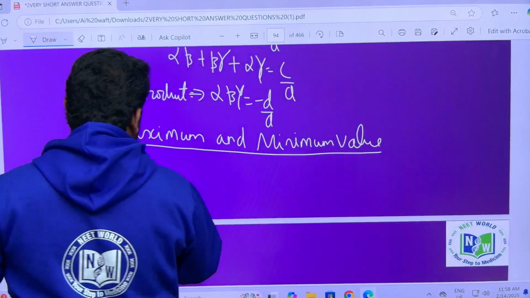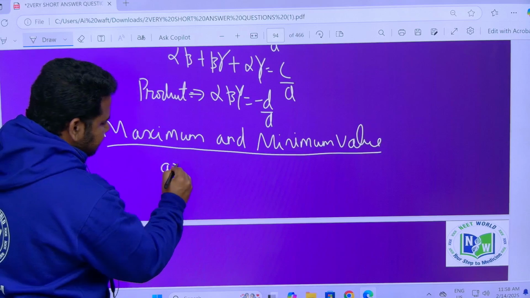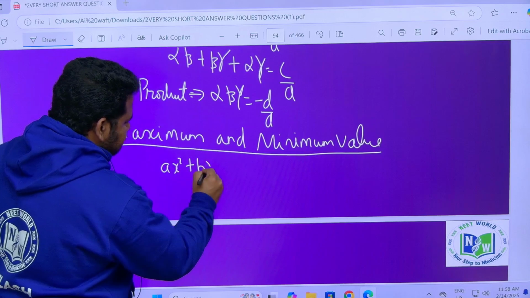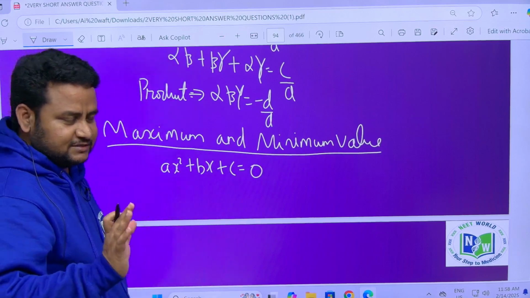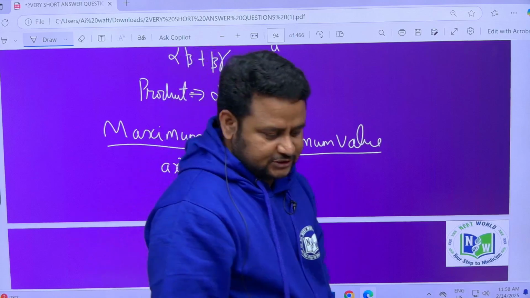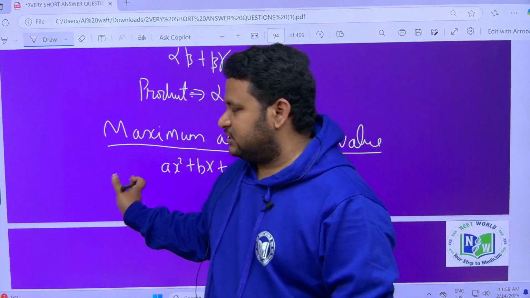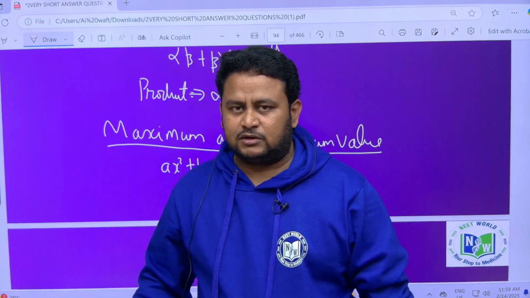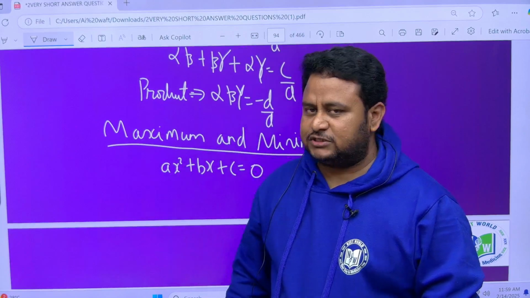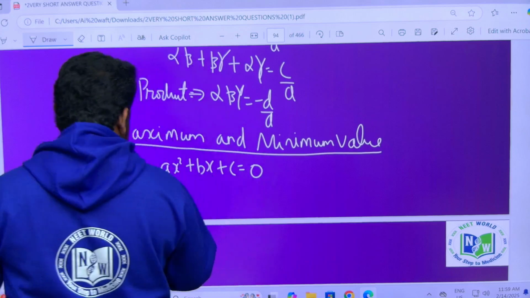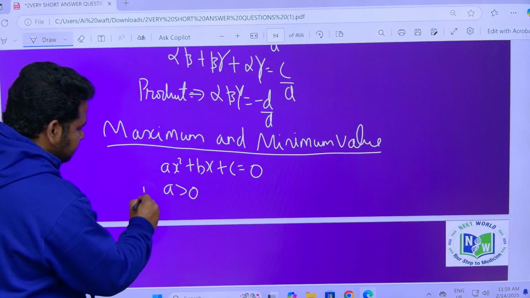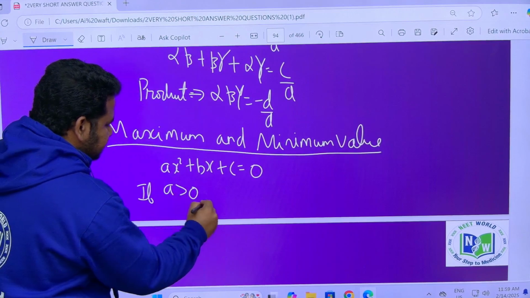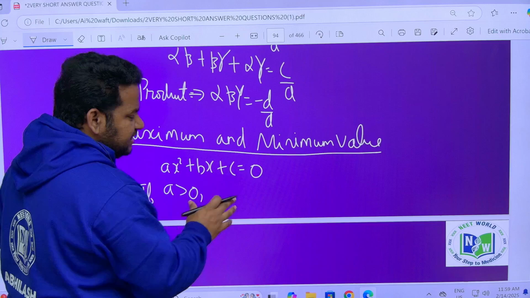Suppose it is ax square plus bx plus c. Here a is the coefficient of x square. If a is greater than 0, that is, if a is positive, then it has a minimum value.